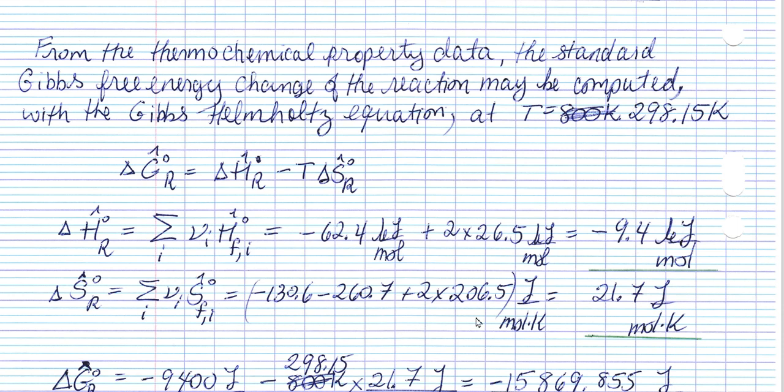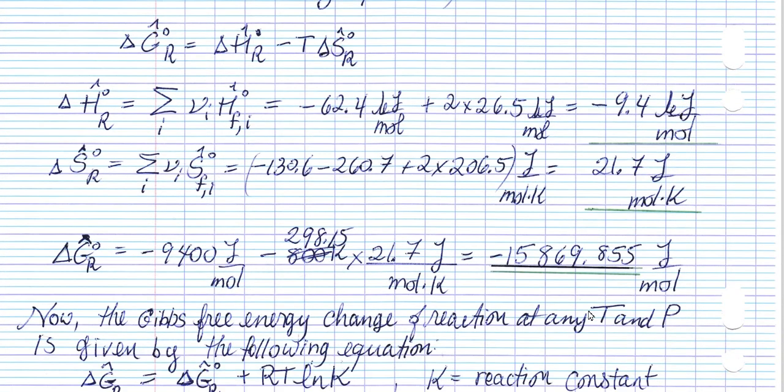So again, multiplying and adding all this out will give a delta S of the reaction of 21.7 joules per mole Kelvin. Now it is a simple matter to obtain the standard Gibbs free energy change of that reaction, which is equal to delta H minus T delta S, at a T of 298.15. When that is multiplied out, the standard Gibbs free energy change of that reaction is -15,869.855 joules per mole.